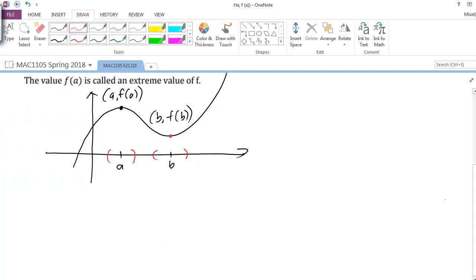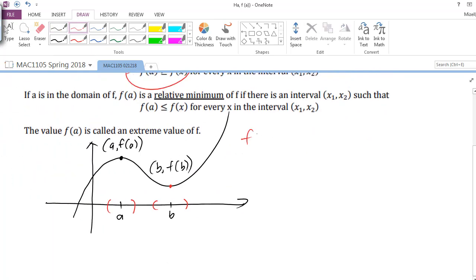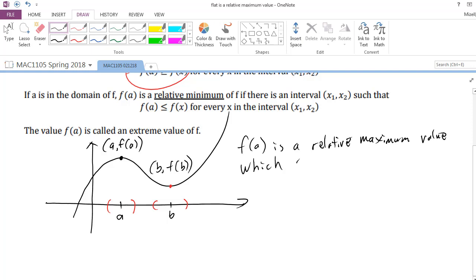To do that, f of a is a relative maximum value, which we say occurs at x equals a.